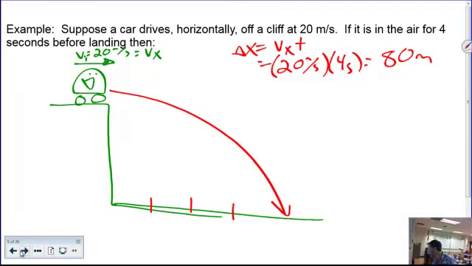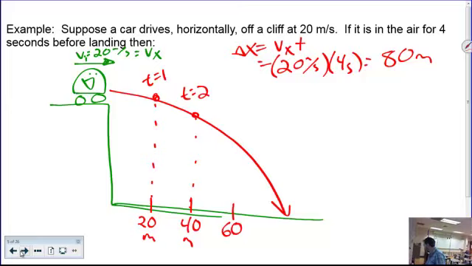So it goes 20 meters in the first second. After 1 second, here's the car. After 2 seconds, there's my car. After 3 seconds, it'll have gone another 20 meters. And after 4 seconds, the car will have hit the ground and it will have gone a total of 80 meters.